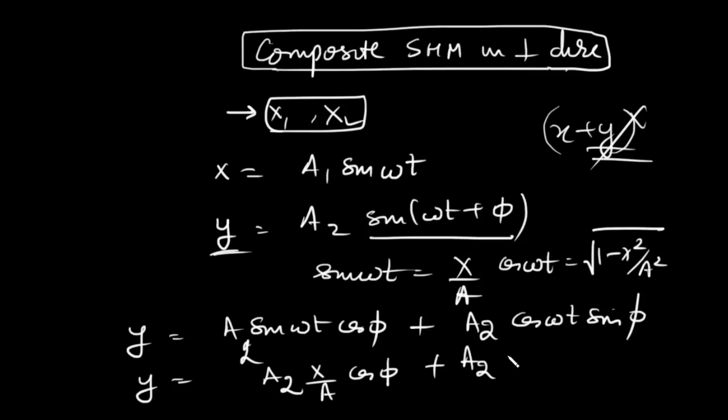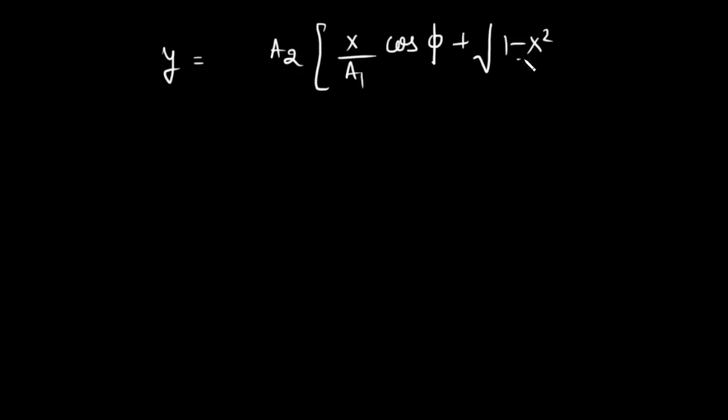So this will be root under 1 minus x square by a square, and this would be sine phi. Alright, let me write it again. Y was A2 times x by A1 cos phi plus under root 1 minus x square by A1 square sine phi.